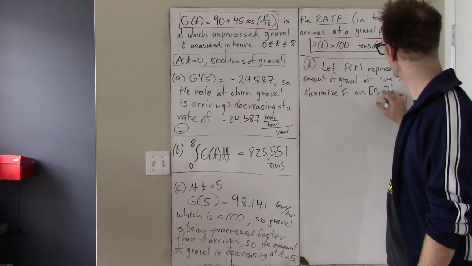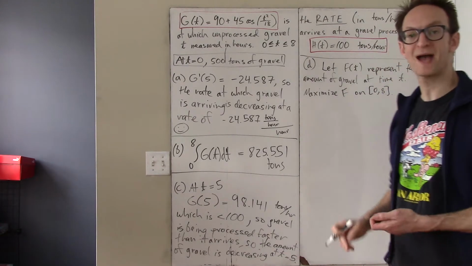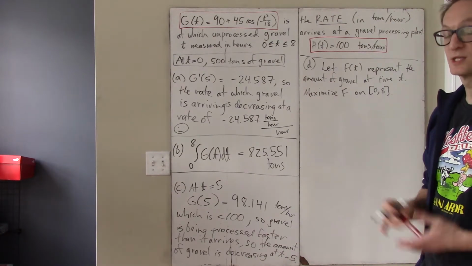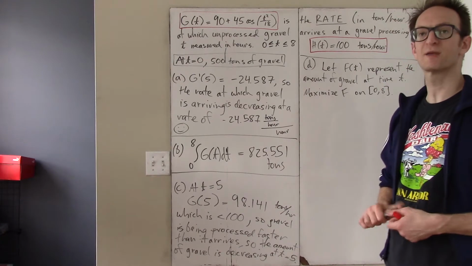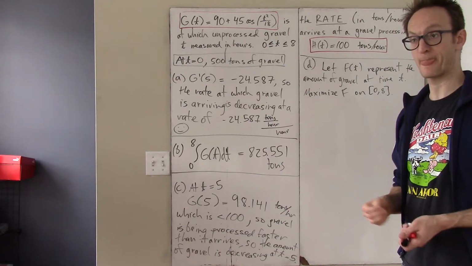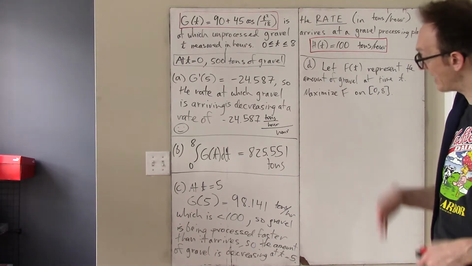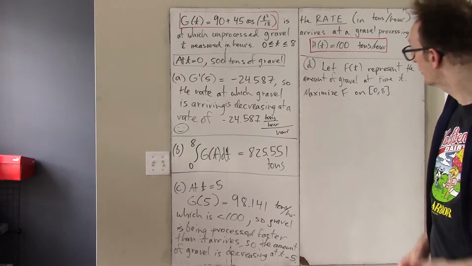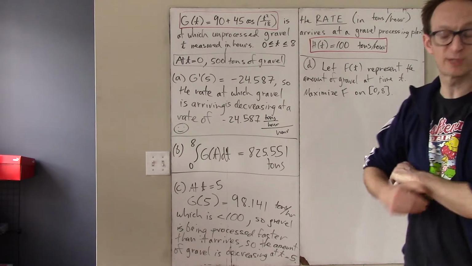I have a lot of experience maximizing functions. This goes back to the previous unit. If you want to find the maximum of a function on a given interval, you should check the endpoints and also compare it to any relative maxima. So right away, perhaps we should just compute the endpoints.